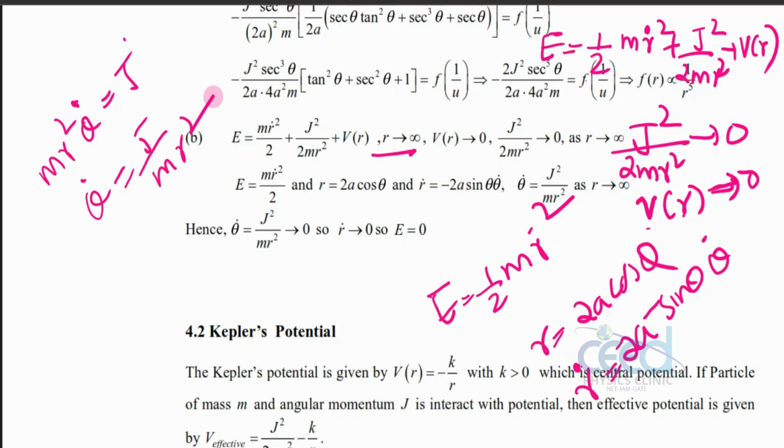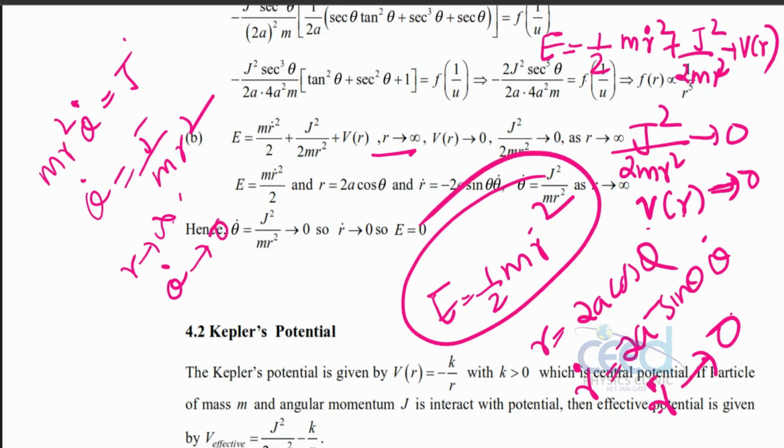So by substituting this value, r tends to infinity. What about theta dot? Theta dot also tends to 0 because the denominator tends to infinity. So if theta dot tends to 0, then r dot also tends to 0. r dot tends to 0 means what about our energy?